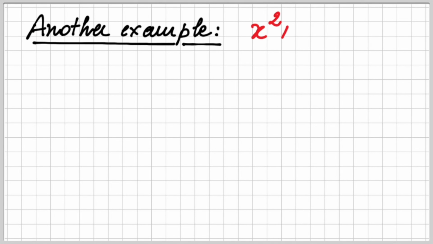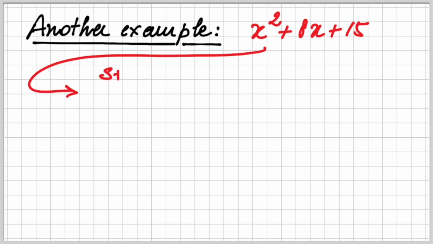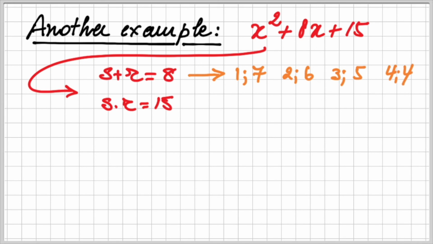Now let's have a look at another example here, and we find x squared plus 8x plus 15. We can again use the same formulas. S plus r is in this case equal to 8, and s times r is 15. So we find the different possibilities for s plus r to be equal to 8. We have 1 and 7, 2 and 6, 3 and 5, and 4 and 4. And for s times r, we have two possibilities, 1 and 15, and 3 and 5.